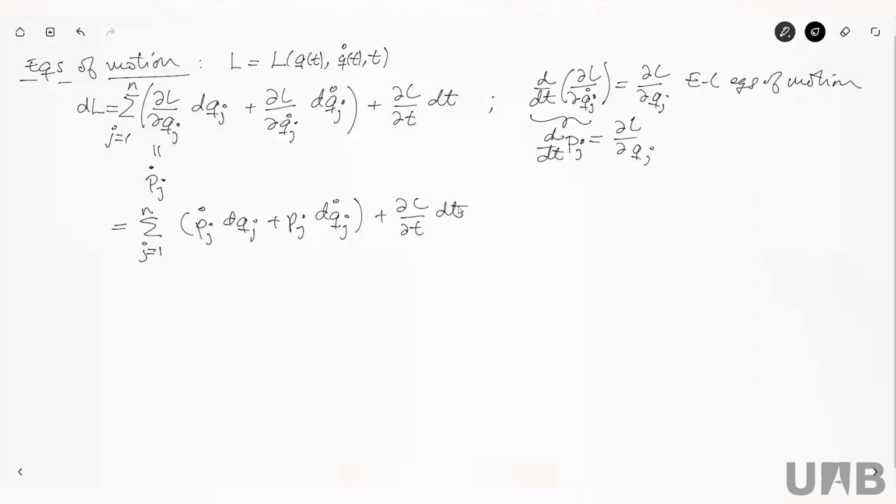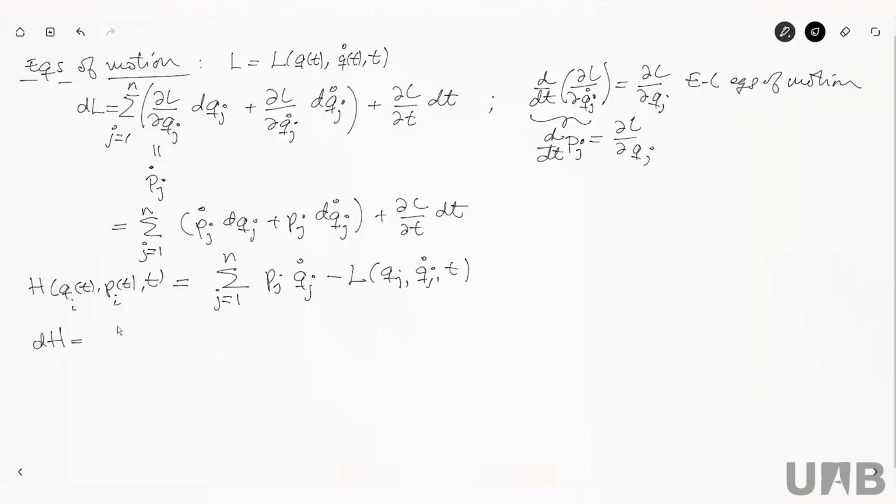Okay, good. Now, the Hamiltonian, a function of q of t, p of t, and t, is the sum from j equals 1 up to n of pj q dot j minus the Lagrangian of qj, q dot j, and t. All right, so now let's take the differential of this thing.